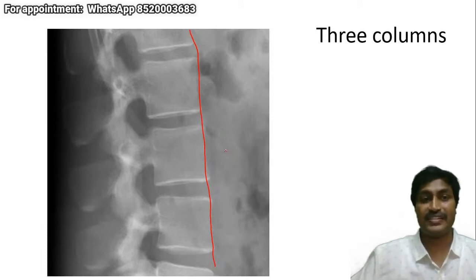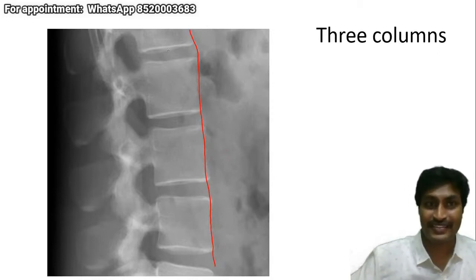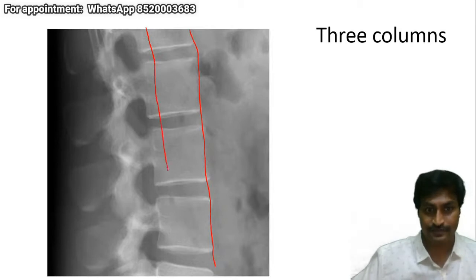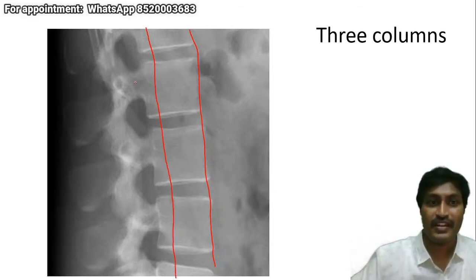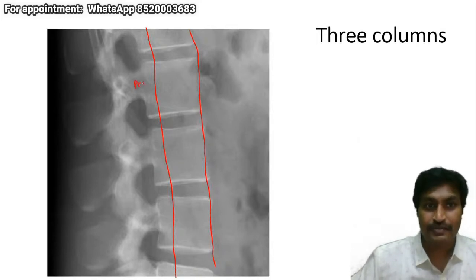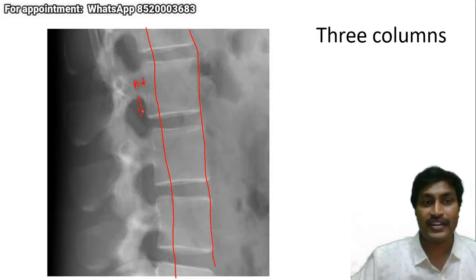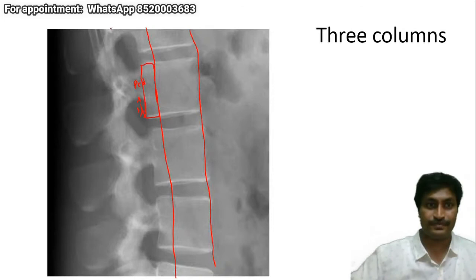This is to make it easy for you, but what is actually seen is two-thirds of the vertebral body is known as the anterior column, whereas the pedicle plus one-third of the posterior vertebral body, this portion, forms the middle column.